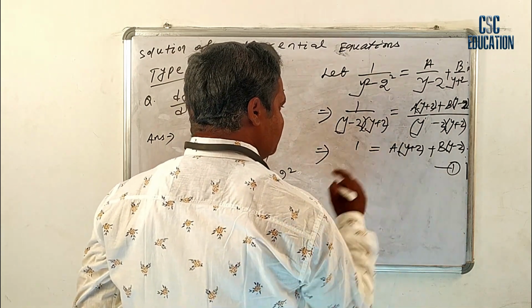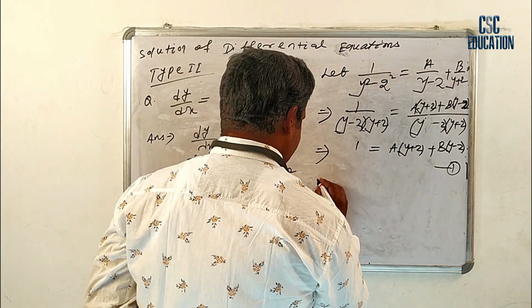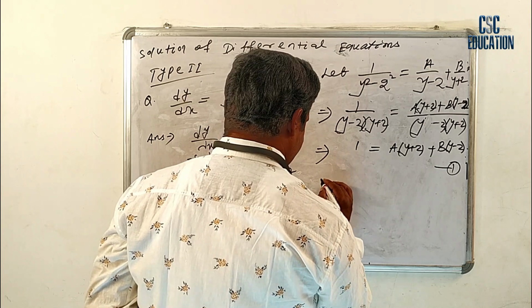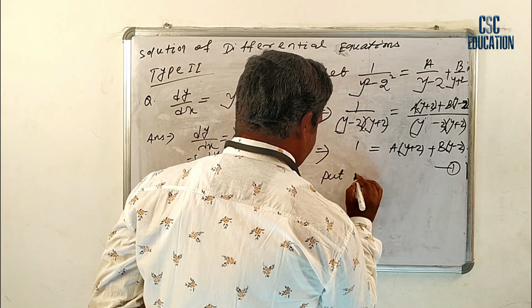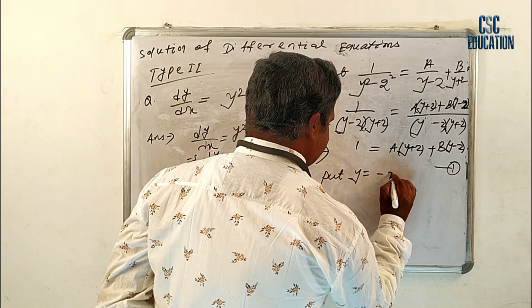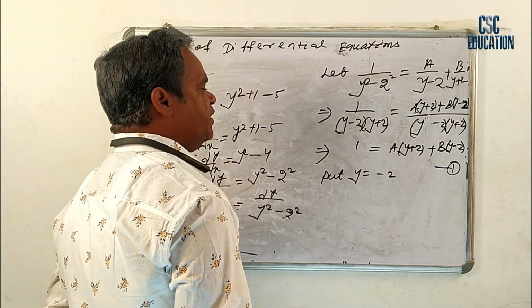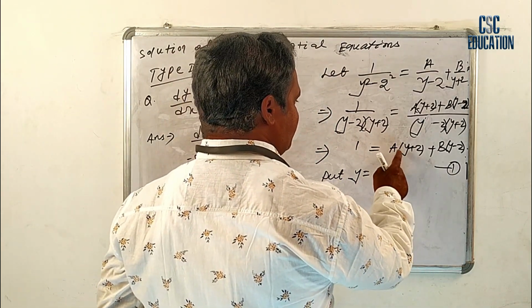Okay, so here put y equals minus 2, because the factor with a is y plus 2.